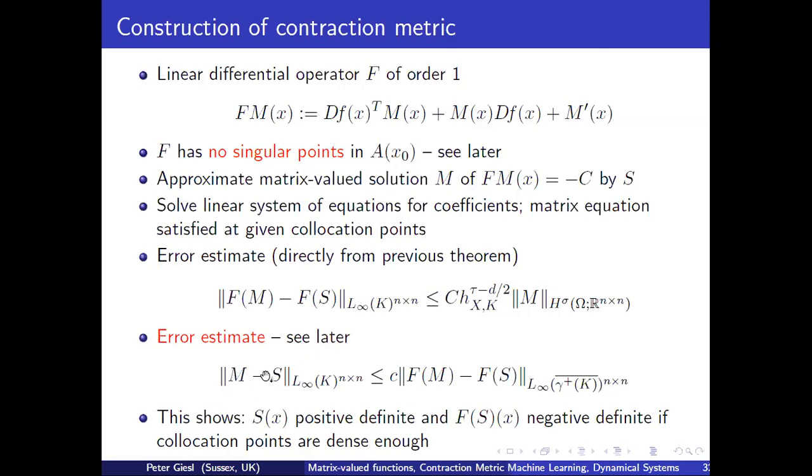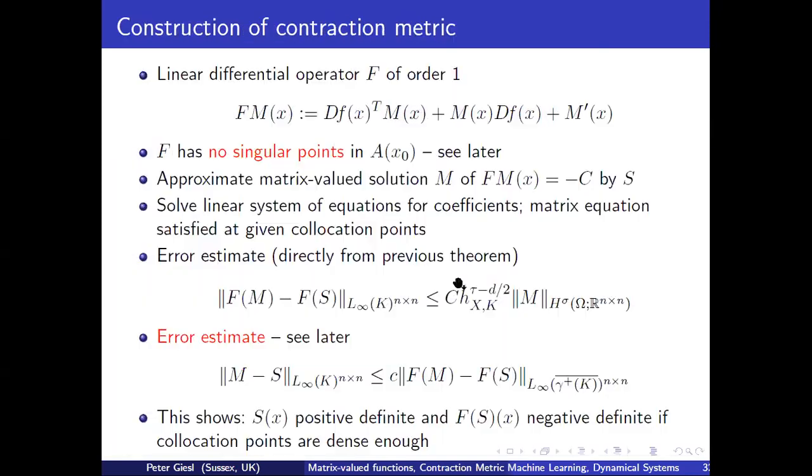The difference between m and s is also bounded, by this quantity times a constant. Again, there's a little catch in here that we'll discuss later. But these two error estimates will show that s is positive definite because m is, and f of s is negative definite because f of m is, if the collocation points are dense enough.